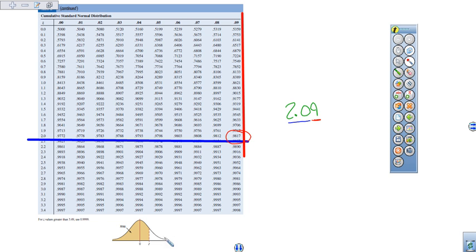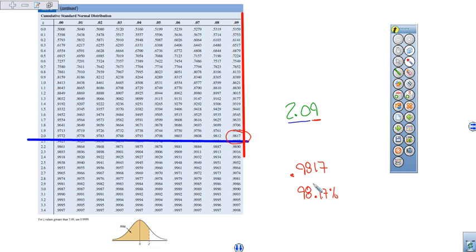So the area under the normal distribution curve for a z-score of 2.09 is 0.9817, also known as 98.17%.